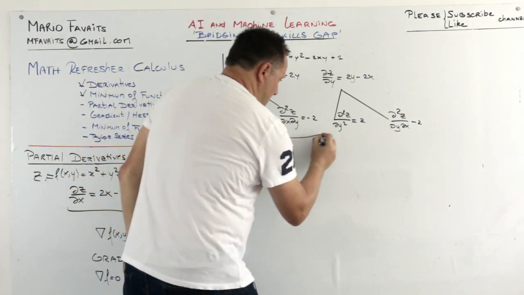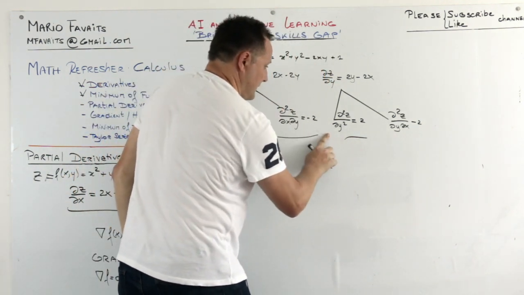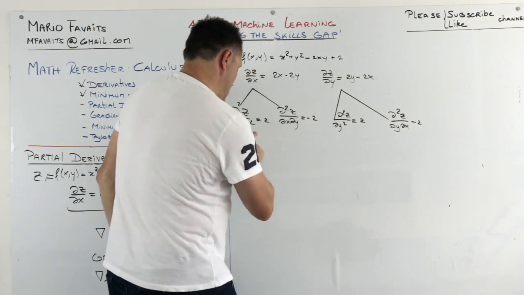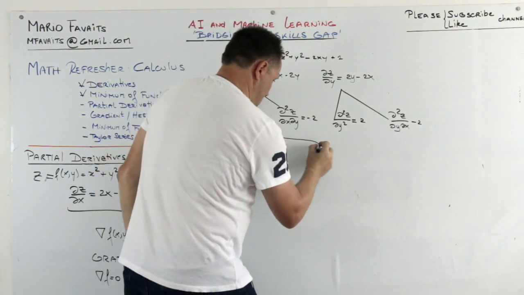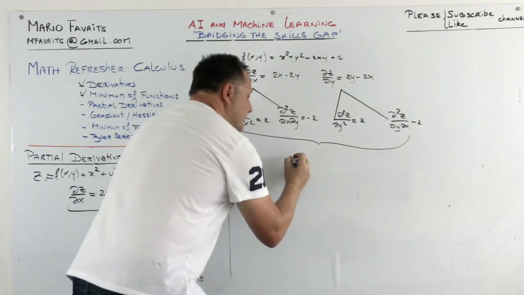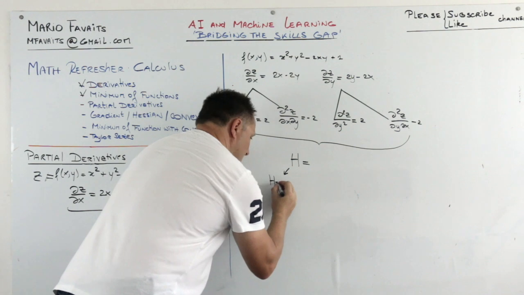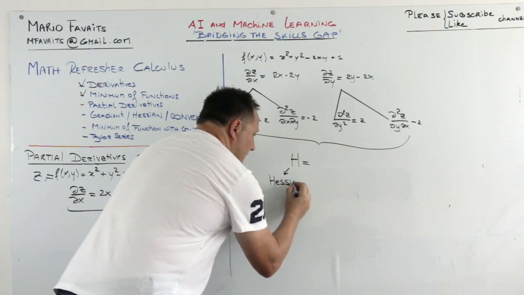And this is what we call a Hessian. This is the Hessian matrix.